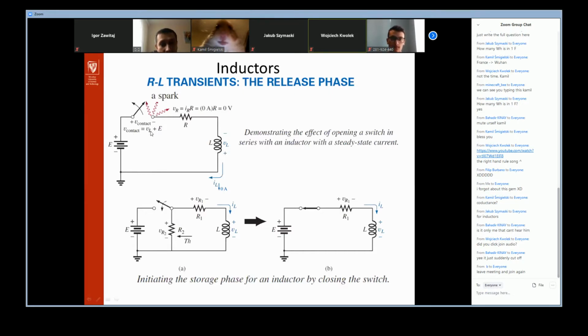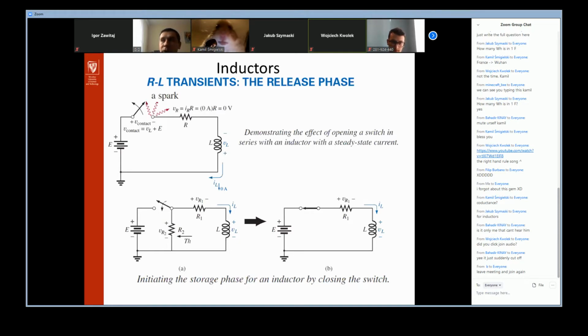What does it mean? In the release phase, we can observe a higher voltage in the open loop, higher than the input voltage. We can observe sparks, in fact. Why? Because we've got a huge voltage between the two metal contacts of the switch.